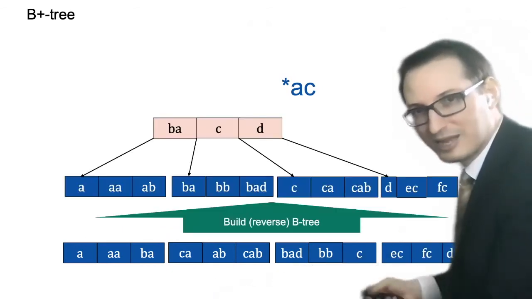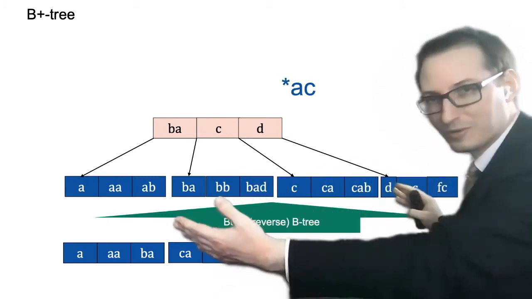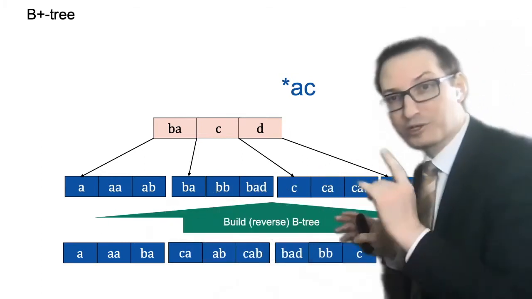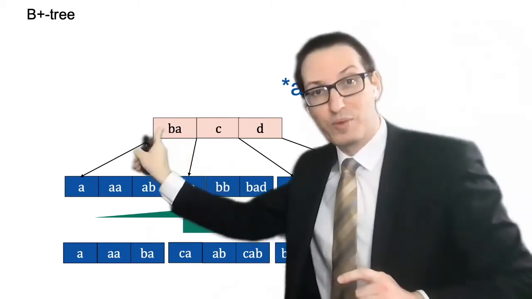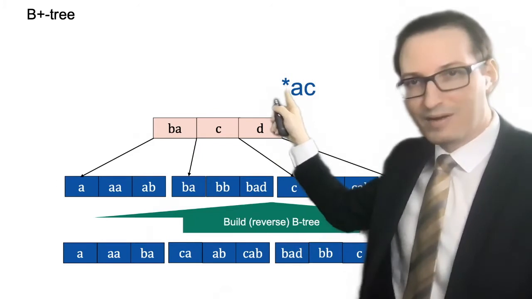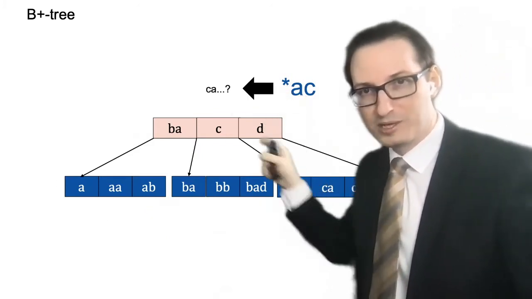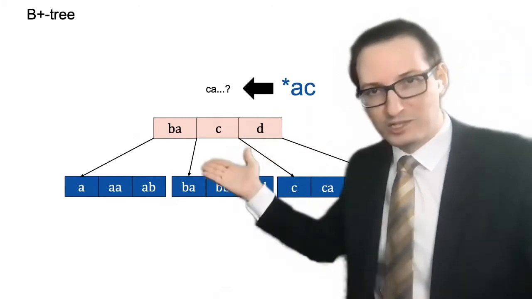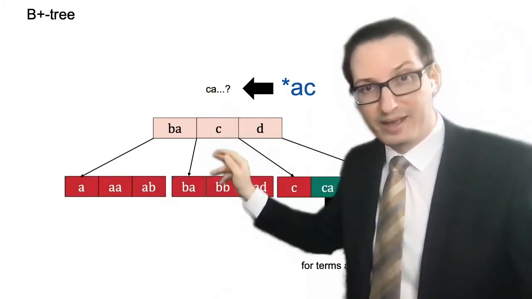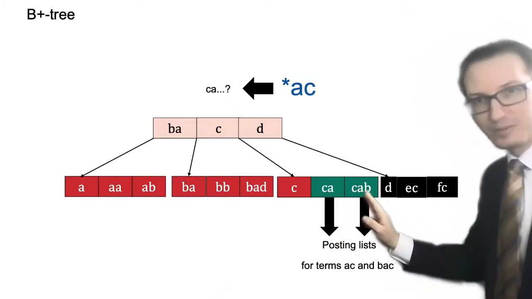So we sort things again and rebuild a reverse B plus tree, or B tree or B plus tree, whatever you want. Now we have a reverse B plus tree. It's just that now it starts with the end of the word. It's all mirrored. So now if we have star AC, we look for CA. We just need to reverse the order. And now we do a range query lookup with CA, and we locate CA, CAB, and so on. This is how it works.